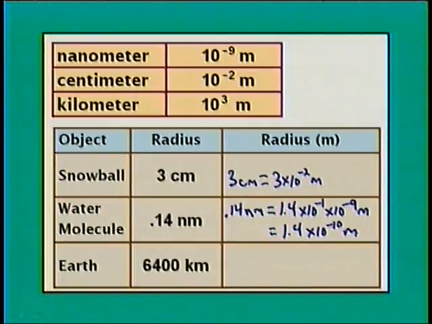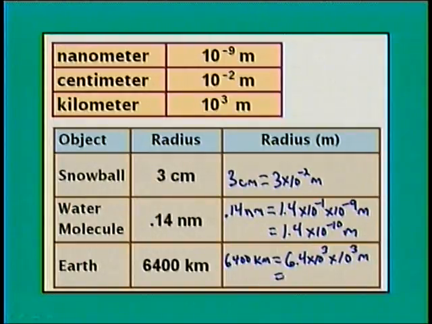How about the radius of Earth? Well, I'm starting with 6,400 kilometers. 6,400 in proper scientific notation is 6.4 times 10 cubed, because 6,400 is 6.4 times 1,000, and 1,000 is 10 cubed. How about a kilometer? Well, my table up top tells me that 1 kilometer is equivalent to 10 cubed meters.